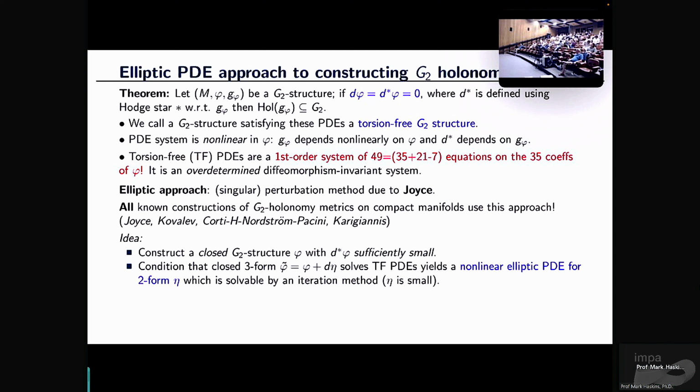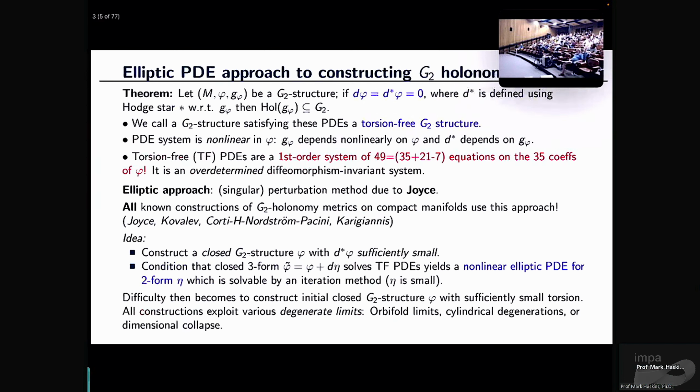That turns out to give you a nonlinear elliptic PDE for this 2-form. And because we're assuming that d star phi is sufficiently small, and I'm being vague here, we can expect that you might be able to solve this by iteration, so by solving a sequence of linear problems. So that is indeed what one can do.